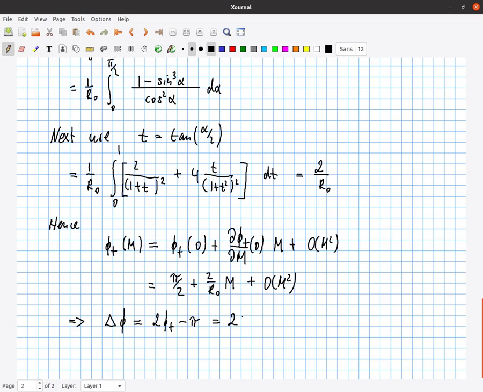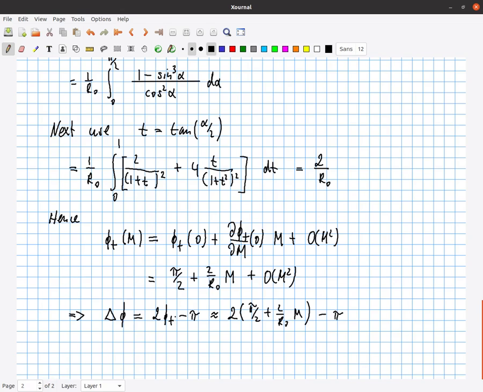We then get 2 times pi over 2 plus 2 over r0 m minus pi. Let me now write here approximately, because I don't want to write plus terms of order m squared. We already know that 2 times pi over 2 minus pi gives us 0, which means we get 4m over r0.